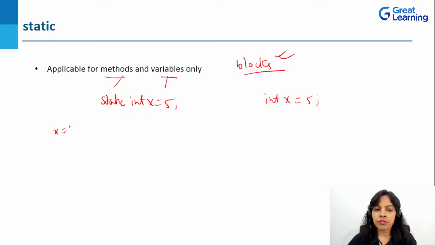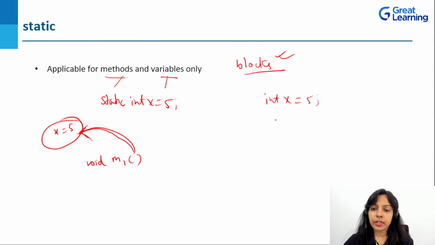For static x equals 5, one memory space will be allocated. Next, suppose some method m1 wants to access this x. It will access the same memory location which is defined as x as 5.